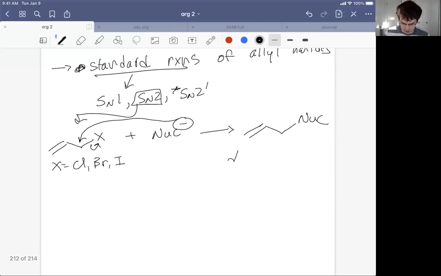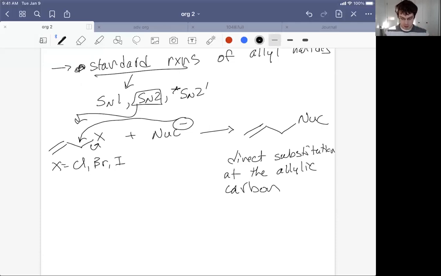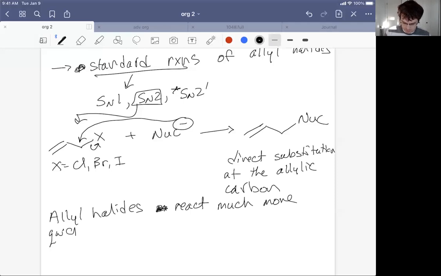So this is direct substitution at the allylic carbon. And this works because the X group is a good leaving group. What's cool about allyl is that allyl halides react much more quickly than the corresponding alkyl halides.